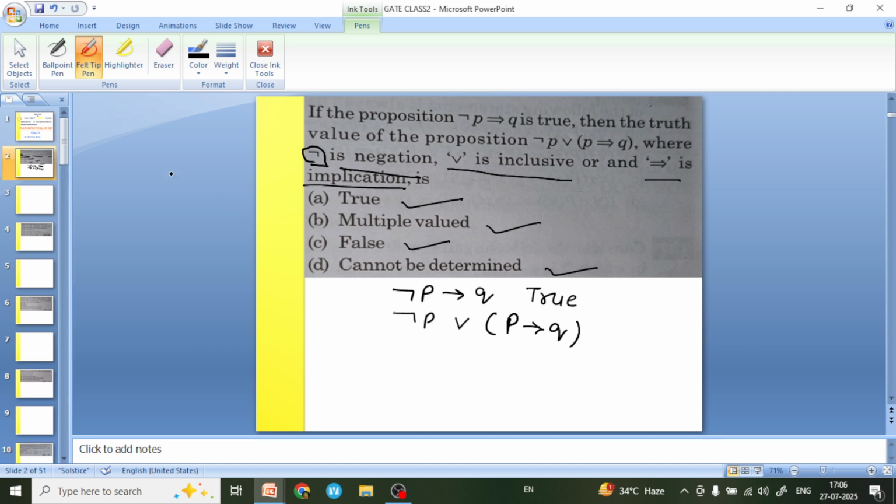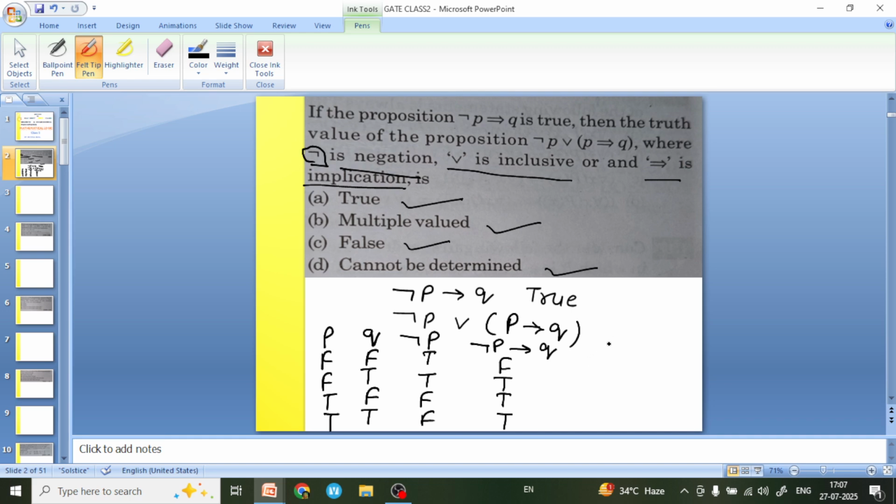For proving this, first of all you have to prepare a truth table. P, Q: false, true, false, true, false, false, true, true. Now first take not P: true, true, false, false. Now take not P implies Q: true, false, false, true, true, true, false, false, true, false, true, true.